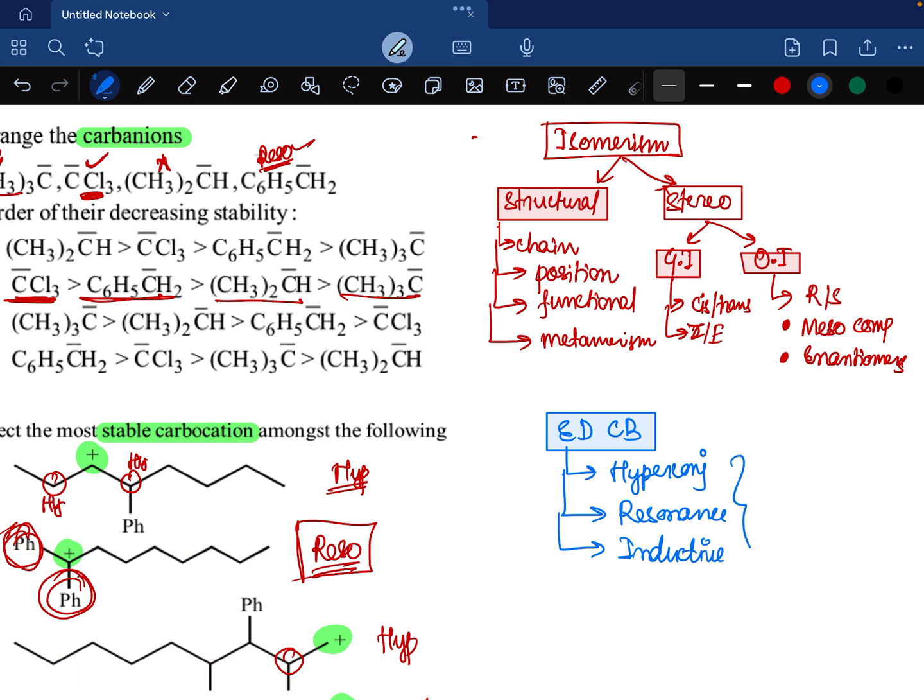How all these factors provide stability to carbocations, carbanions, and free radicals. So all this we have discussed today in the question solving session.